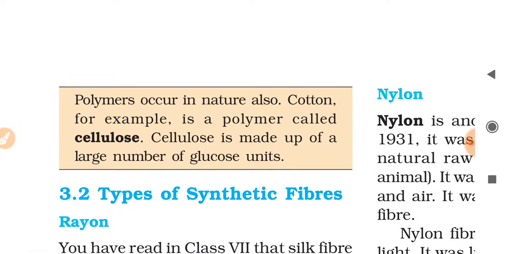One more interesting thing is that polymers occur in nature also. Cotton, for example, is a polymer called cellulose. Cellulose is made up of a large number of glucose units. So this is an example of a polymer found naturally in plants.